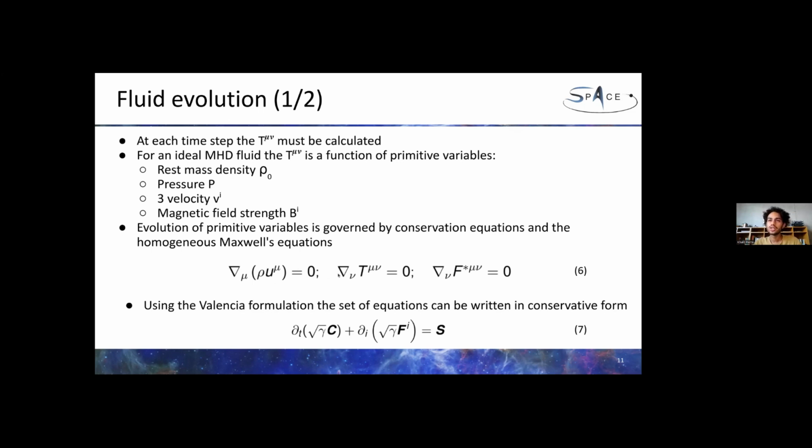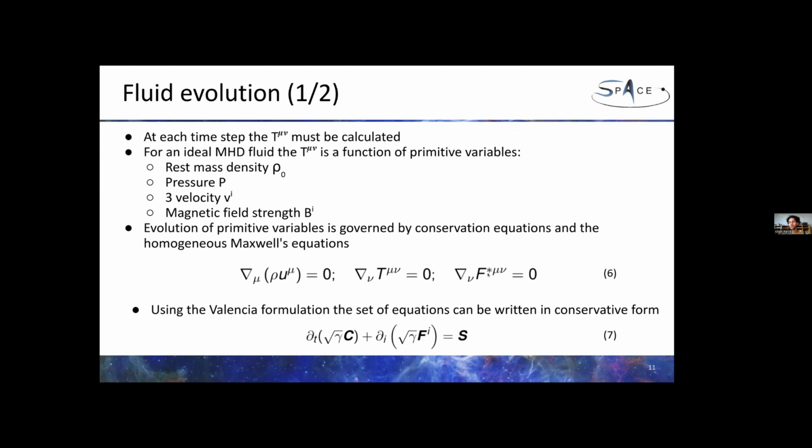The middle equation describes the conservation of energy and momentum, and the equation on the right-hand side is the homogeneous Maxwell's equation, where F asterisk mu is the dual of the Faraday tensor. So the Faraday tensor is what describes magnetic and electric fields. And we use this formulation, the dual of this, which has a very precise mathematical definition that you can look up, and it helps to simplify our equation.